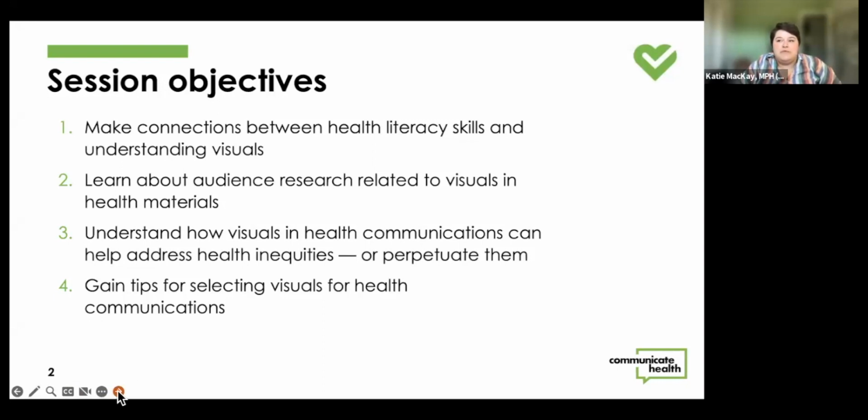I also want to note that we'll be integrating our discussions of health equity throughout our talk today. We've highlighted particularly relevant slides with this green heart that you see up in the upper right-hand corner. And with that, I will pass it to Janelle.